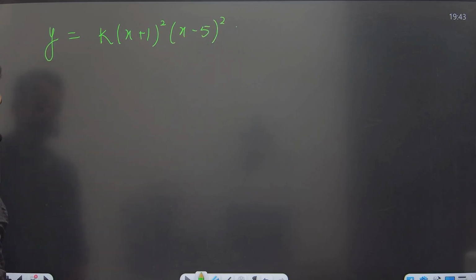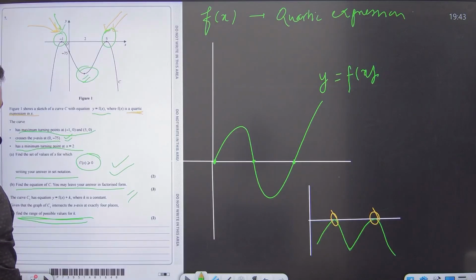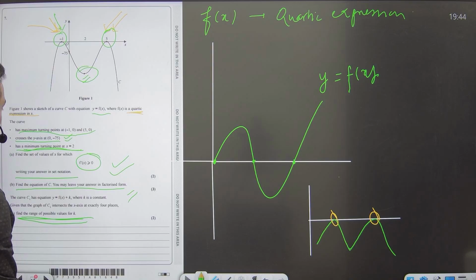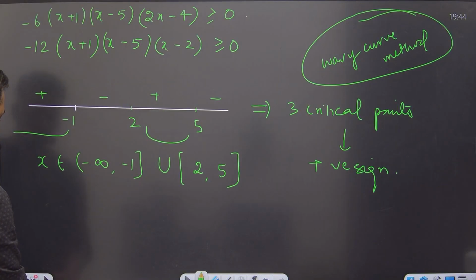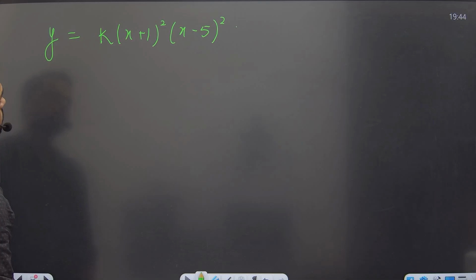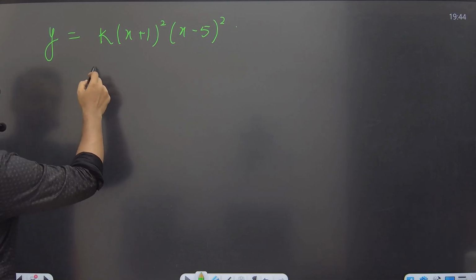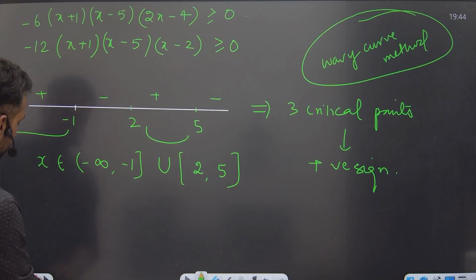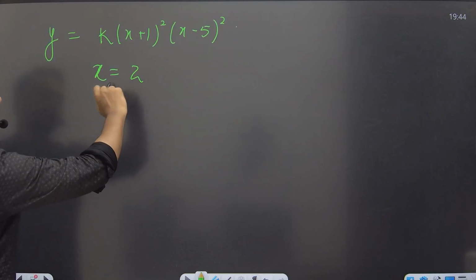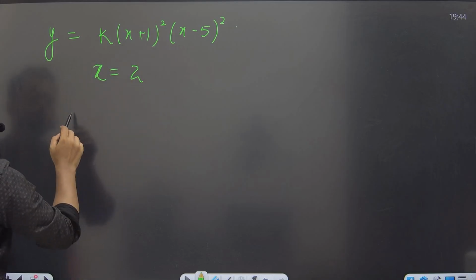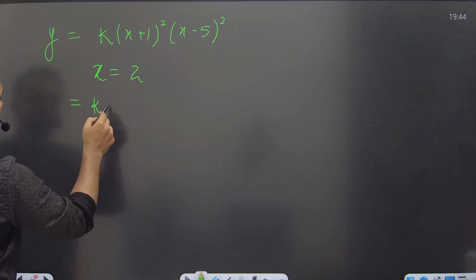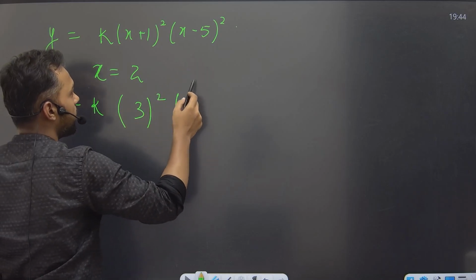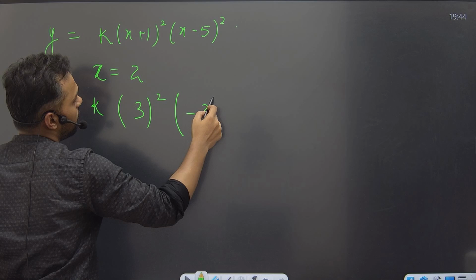Now they are asking for the maximum point of k. So the minimum turning point is at x equals 2. If I plug in x equals 2 in this equation, what will we get? We will get k times 2 plus 1 square, that is 3 square, times (2 minus 5) square, which is negative 3 whole square.